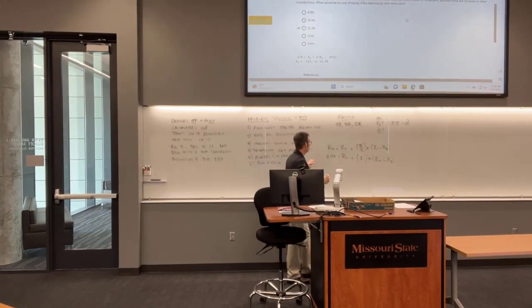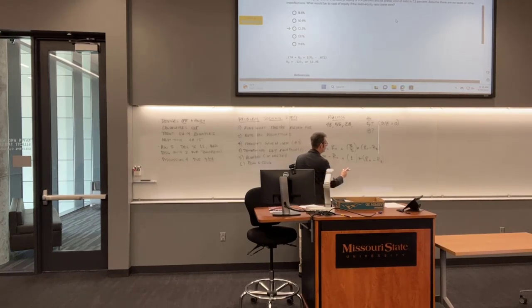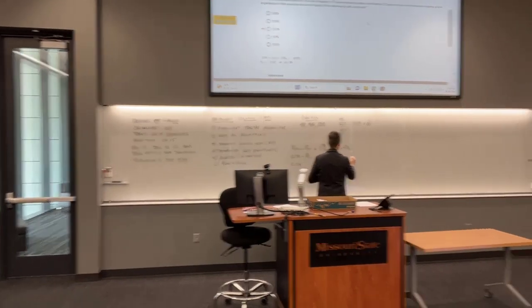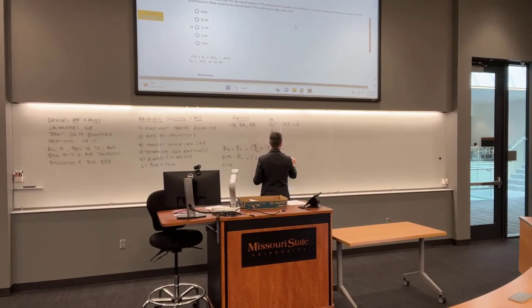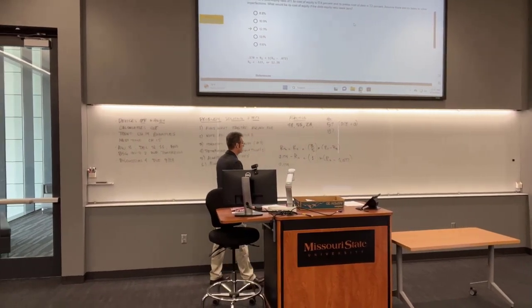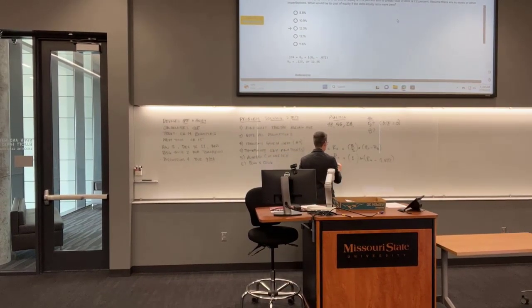So here we go. We've got 0.174. Oh, and do we know R sub B? 0.072, is that correct? Okay, so that is equal to R sub 0.